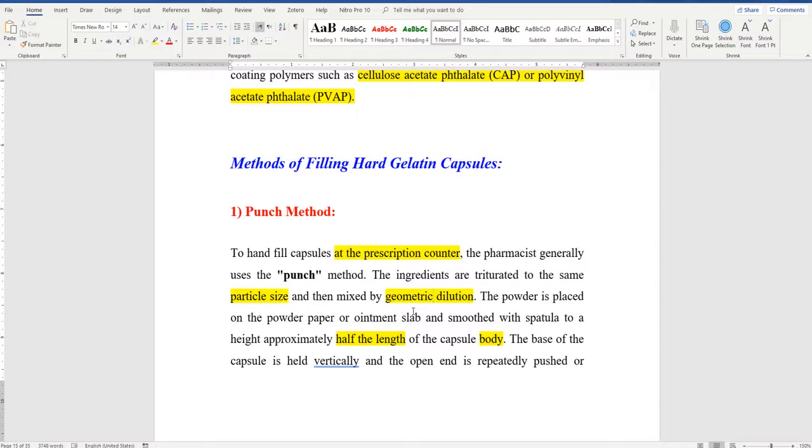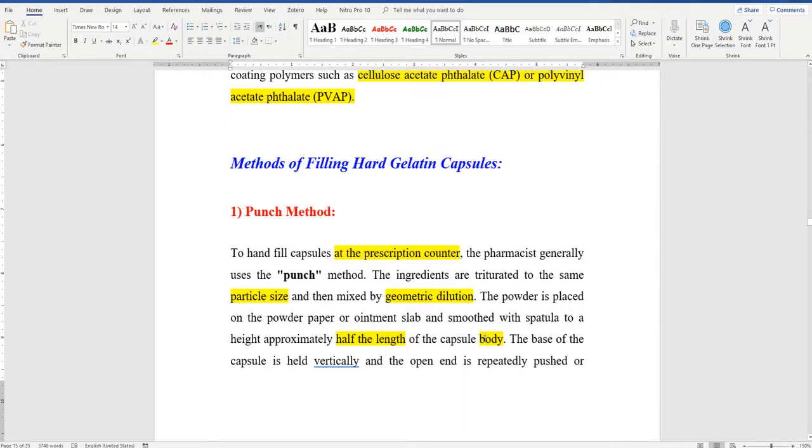You use a tile, meaning a slab, whether made of glass or ceramic. You use a tile where you can do the filling. In this case you put the powder mixture together on the tile and make something like a block of powder, with a height that is about half the length of the body of the capsule.